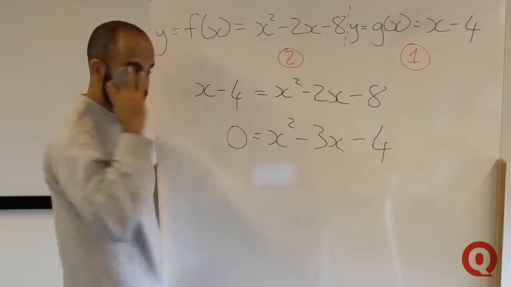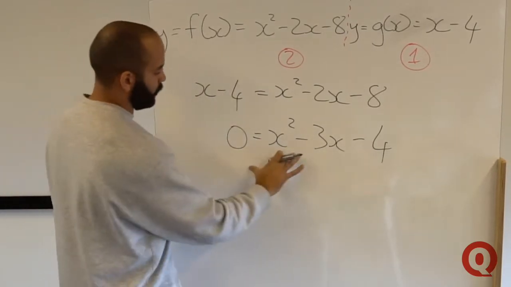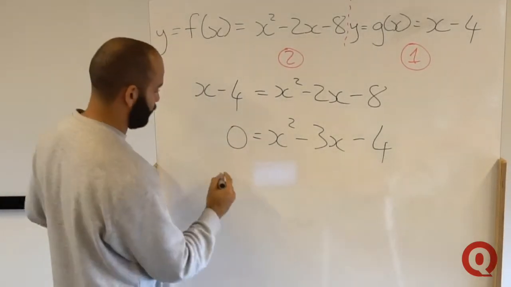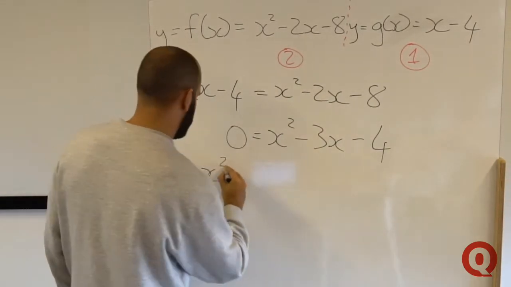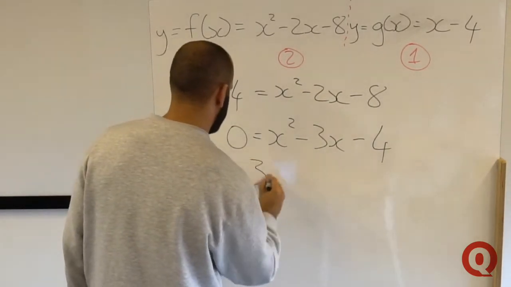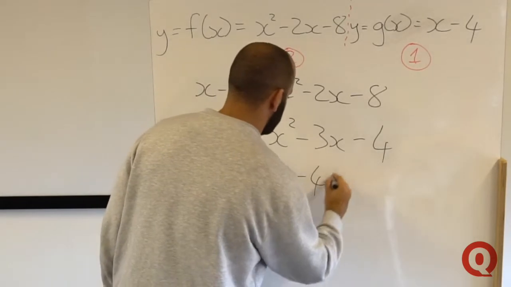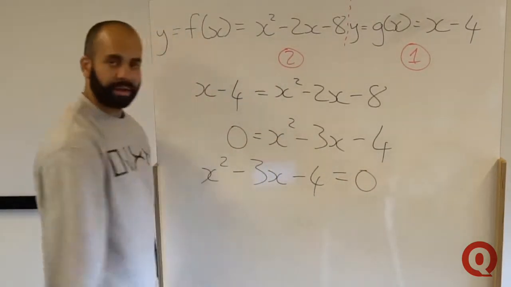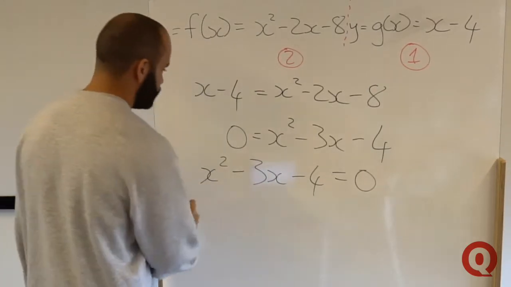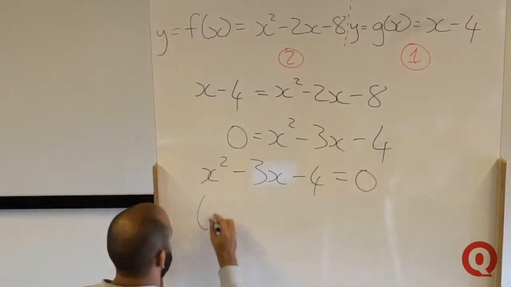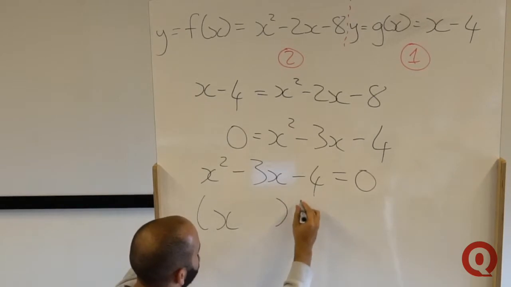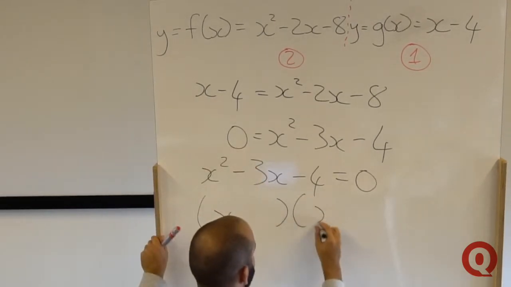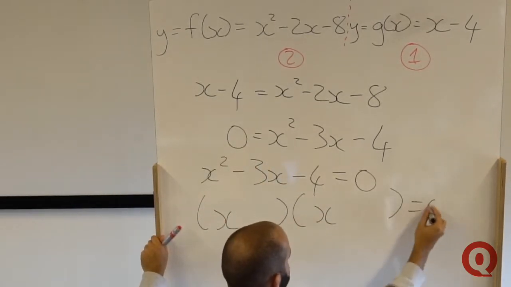Right? And actually, just so your brain wraps around it, I'm going to swap these two sides. So you'd have x squared minus 3x minus 4 equals 0. And this is a standard quadratic expression that you can easily factorize, which would now be (x )(x ) equals 0.